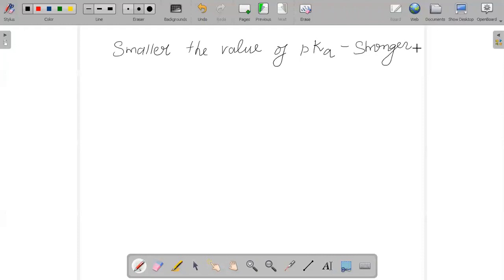So whenever we calculate the value of pKa, we could decide whether the given acid is a strong acid or weak acid.